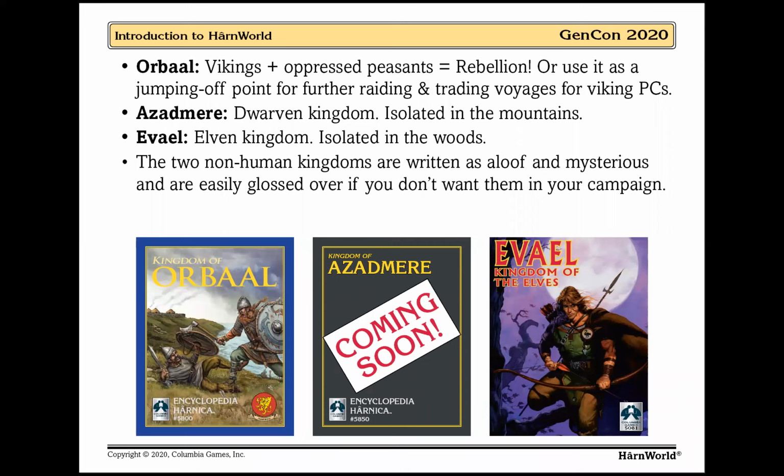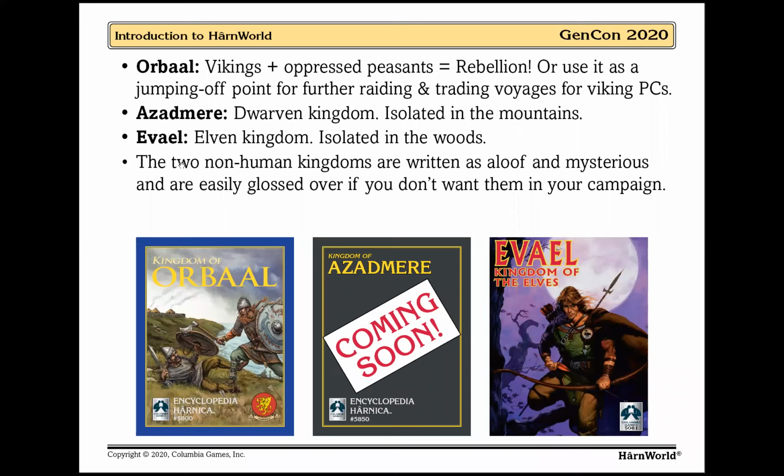That gives you as the GM a lot of opportunities for developing that, and your players to develop that into a full-scale rebellion if that's the direction you want to go. Or if the players are Vikings, that's a great place for raiding and trading across other parts of Harn.